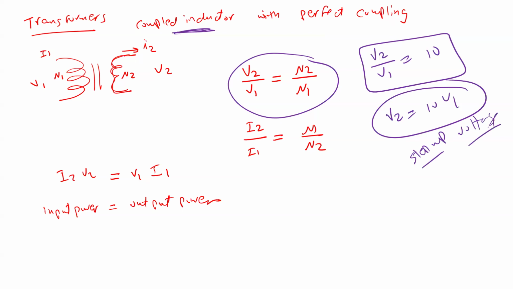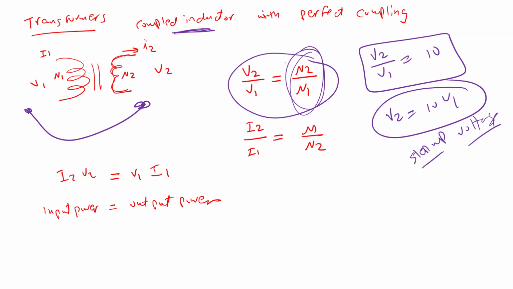The purpose of transformers is, number one, to transfer power from this side to this side, with a different voltage. It can be a greater voltage or a lower voltage, depending on the ratio.